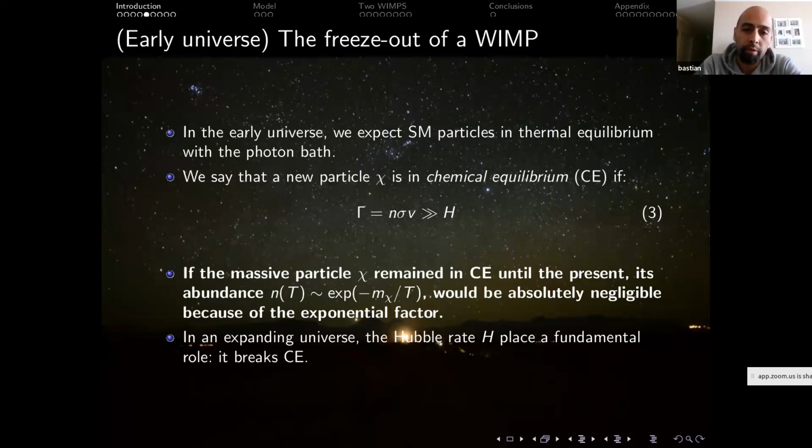However, the universe was expanding, so the Hubble rate started to compete with these particle reactions. And it turns out that the Hubble expansion breaks the chemical equilibrium where dark matter was. So next slide, please.